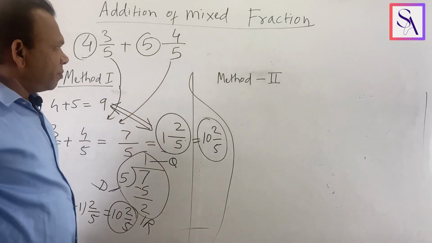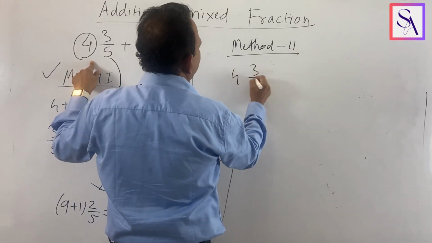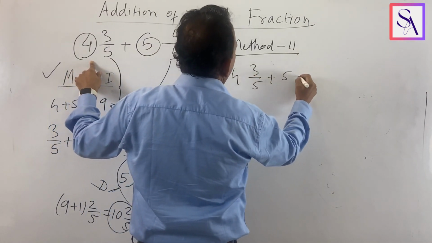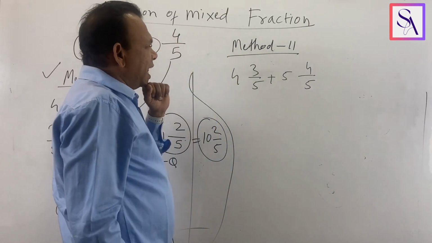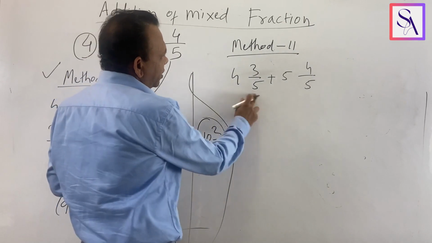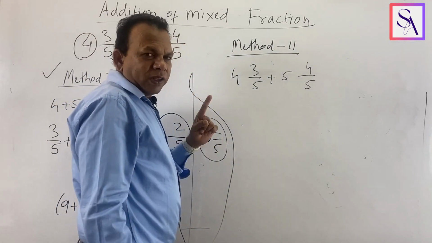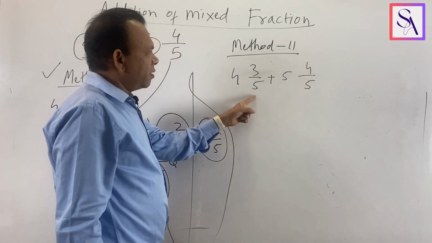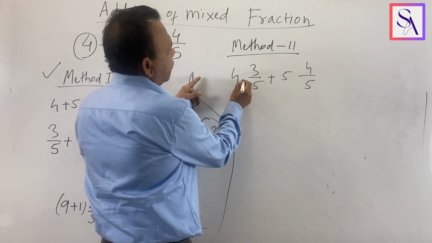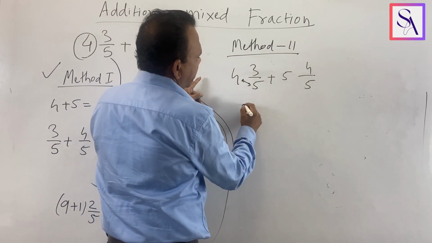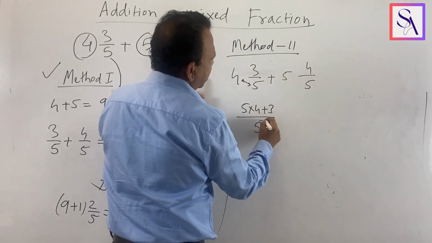So we will see the second method now. In the second method, 4 3 by 5 plus 5 4 by 5. The second method tells us to just convert these mixed fractions into improper fractions. We have seen at the start of the video how to convert mixed fractions into improper fractions. So 5 and 4 we multiply, 5 into 4 plus 3, divided by 5.